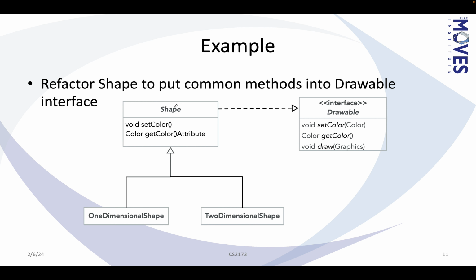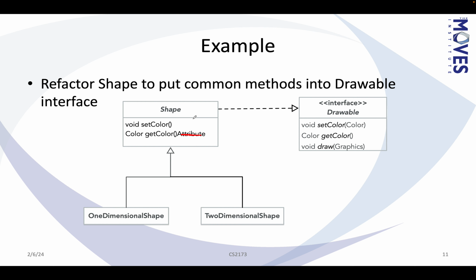And so my shape class, here, this is some cruft from my drawing program. My shape already had the abstract draw, so I actually don't even need to declare it there anymore. But now every shape is going to have its own color.